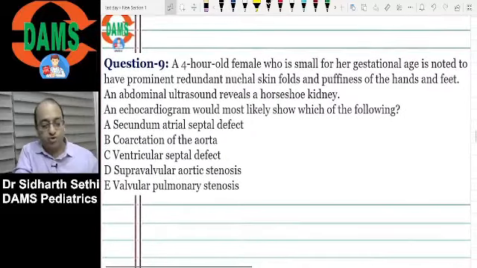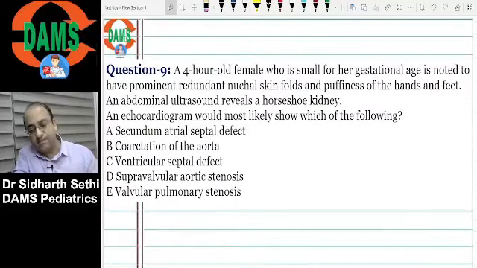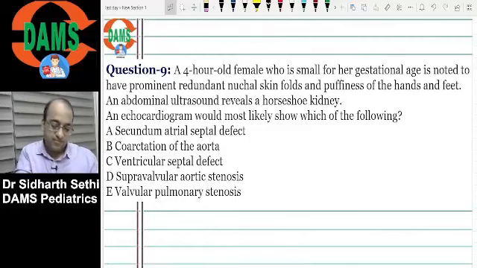Let's take you to the most common syndrome asked in your exams, guys. Here is a 4-hour-old female who has prominent skin folds at the neck.